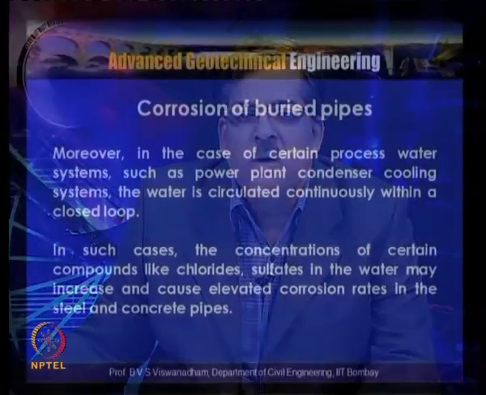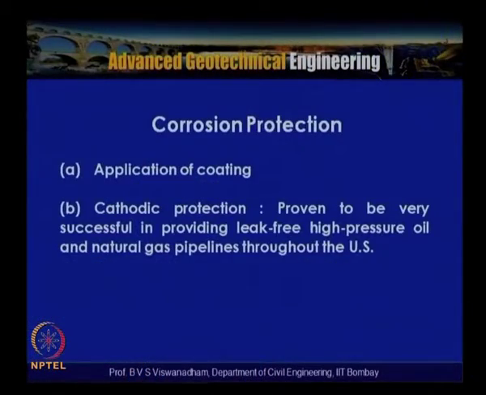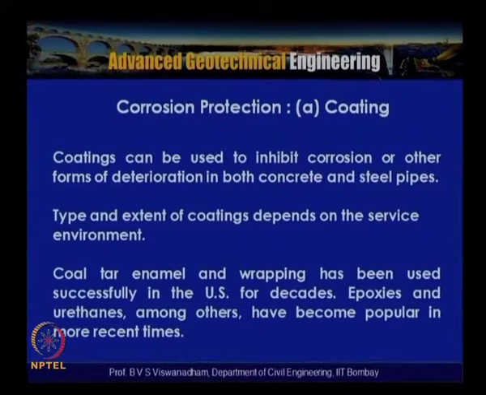So, this is the corrosion of the buried pipes which is shown here, and the protections are basically done by application of coating and cathodic protection. Cathodic protection has proven to be very successful in providing leak free high pressure oil and natural gas pipelines throughout the US. The other one is that coatings can be used to inhibit corrosion or other forms of deterioration in both concrete and steel pipes.